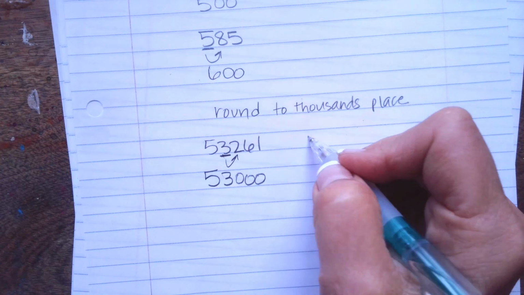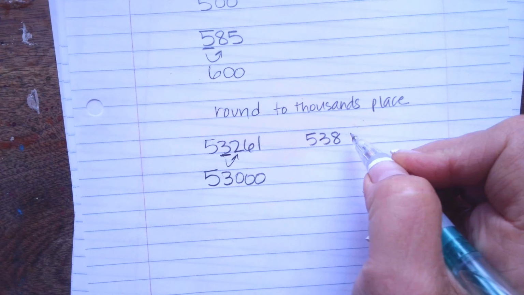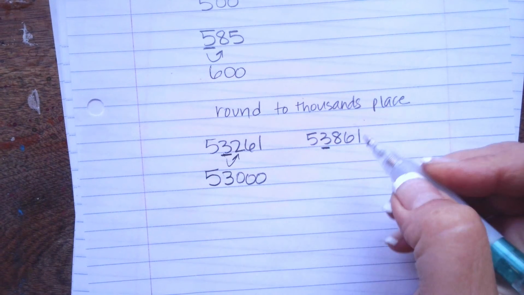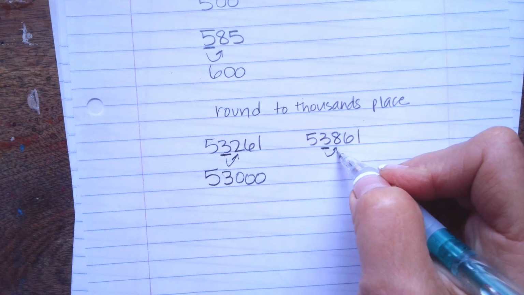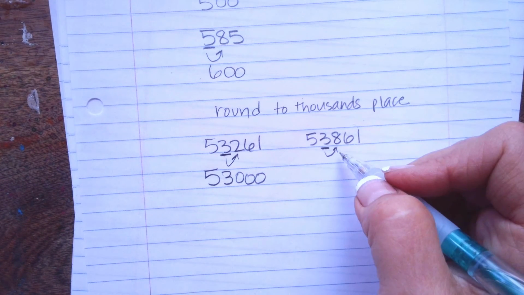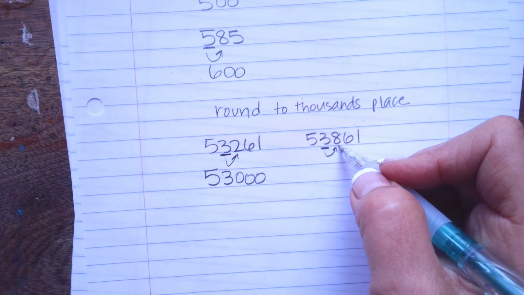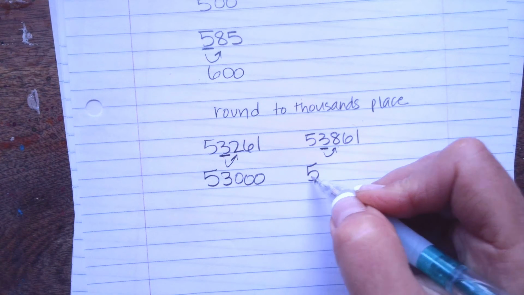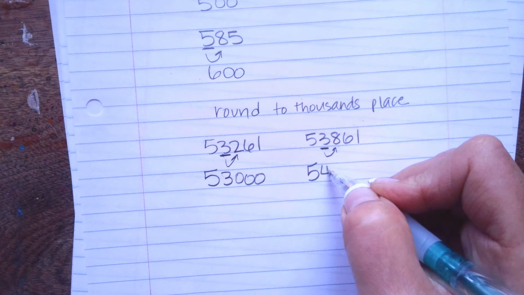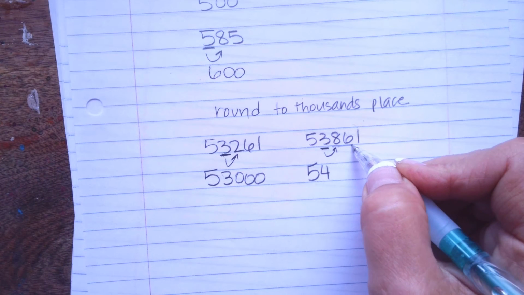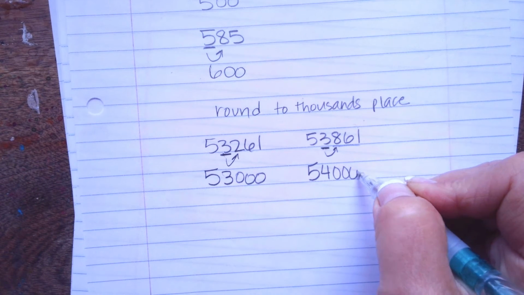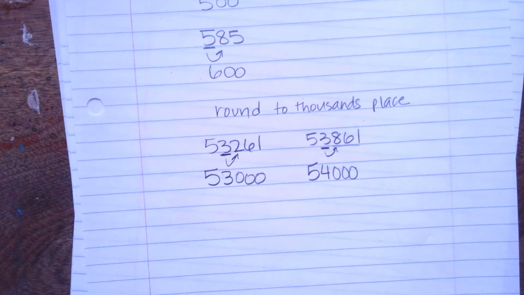If the number next to it was a 5 or more, we would go to our neighbor and say 5 or more, let it soar. So we rewrite the 5, the 3 becomes a 4, and then everything after it becomes a 0. Okay, so that is rounding.